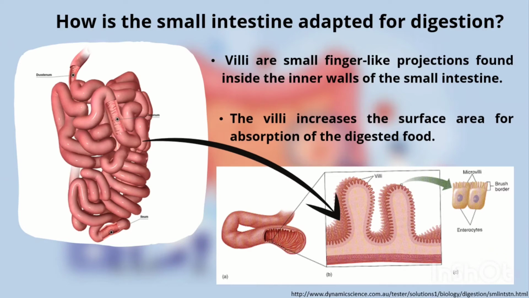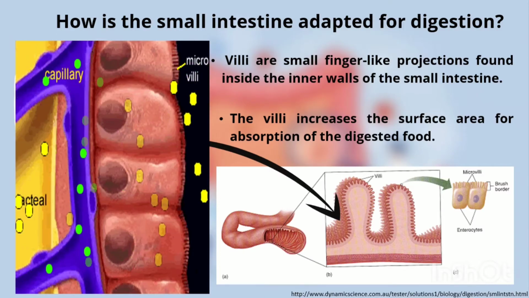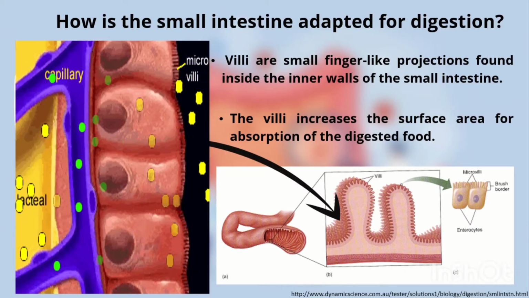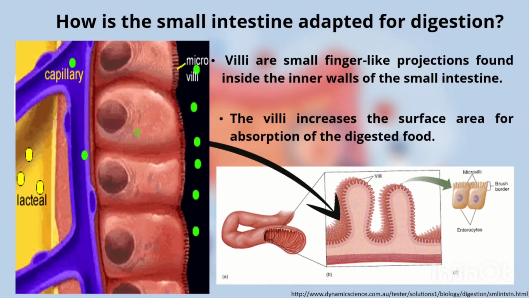Villi are small finger-like projections found inside the inner walls of the small intestine. The villi increase the surface area for absorption of digested food. The small intestines are packed with villi and microvilli that increase surface area, which helps in the absorption. The small intestine also is very long.